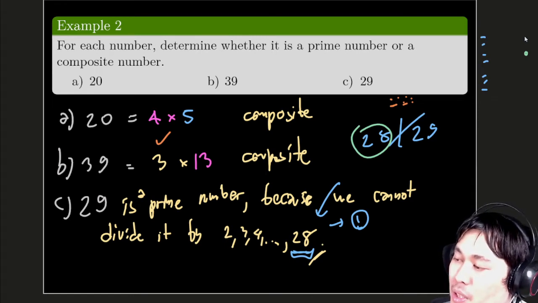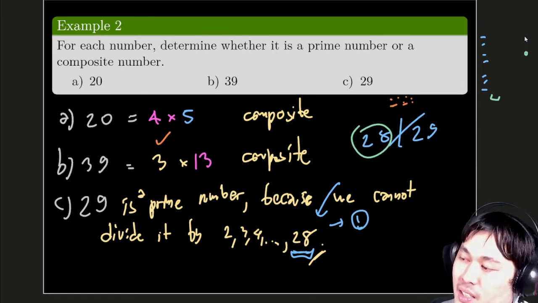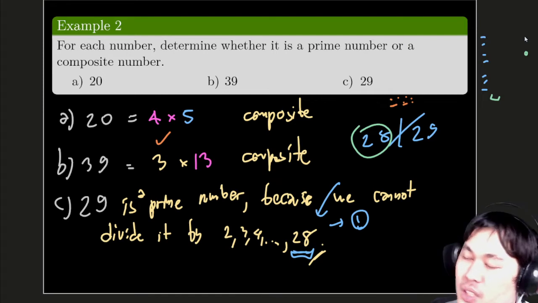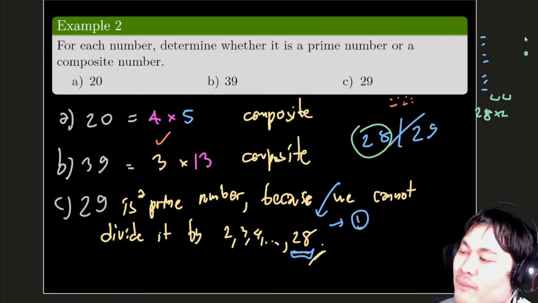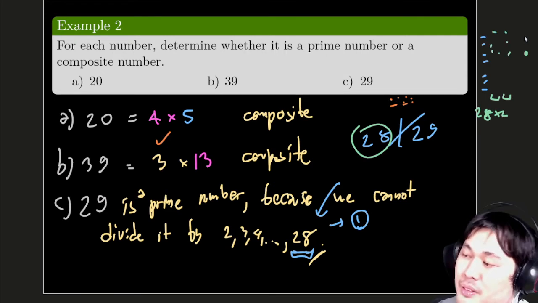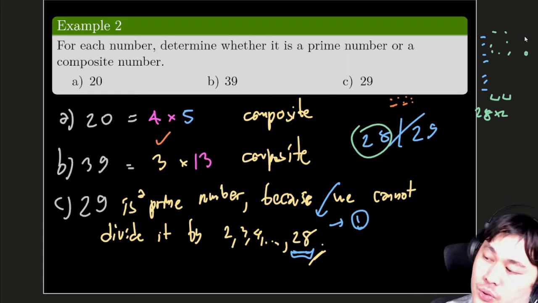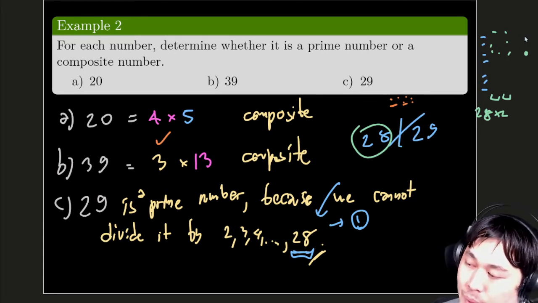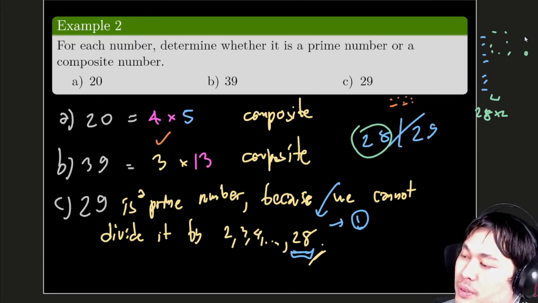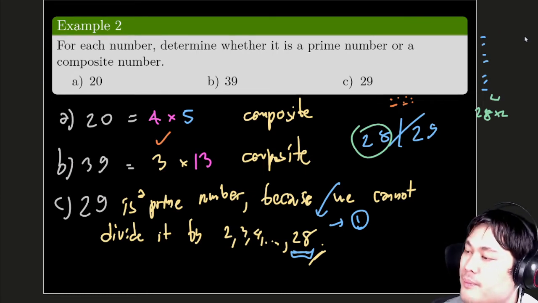Because if each row has one object, then there are 28 plus a remainder. But if there are two rows, then you have 28 times 2, that's 56 already. So it is impossible to divide 29 into 28 groups of equal size.